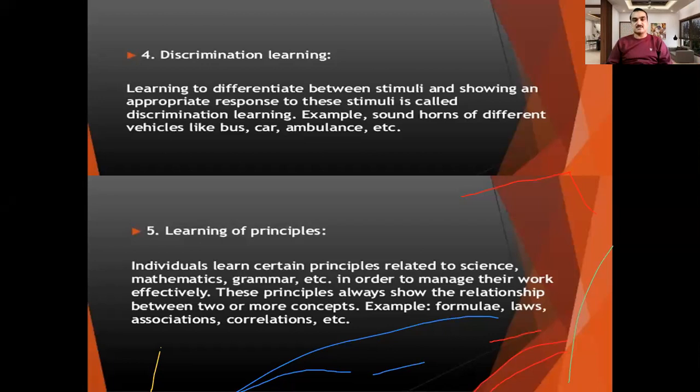These principles always show the relationship between two or more concepts. When you have two or more concepts, you try to learn and remember those principles along with this type of learning. That is learning of principles.